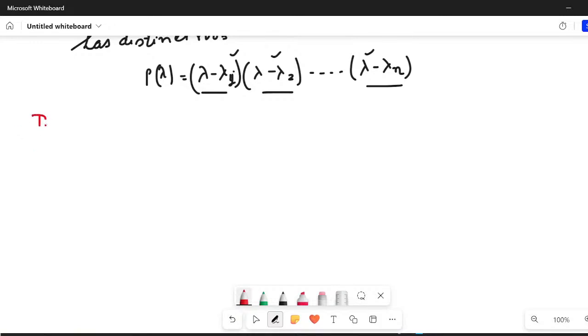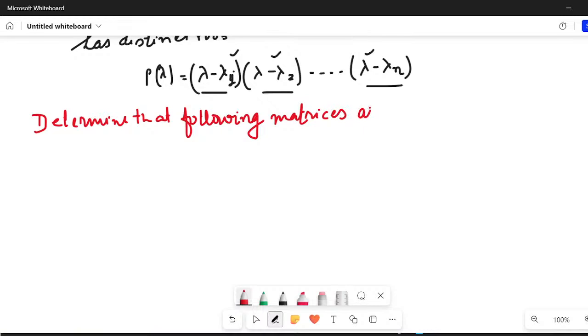I want to determine whether the following matrices are diagonalizable or not.